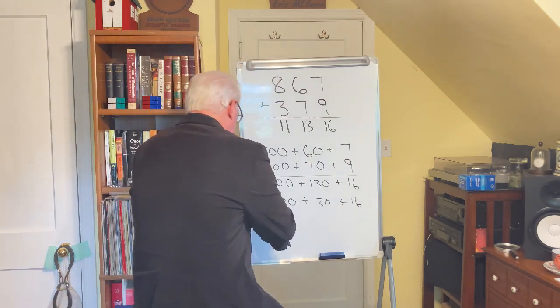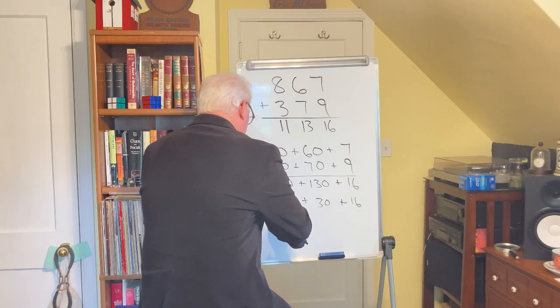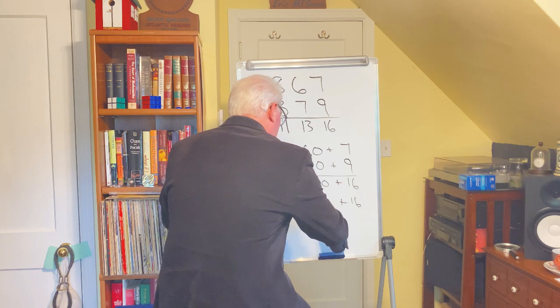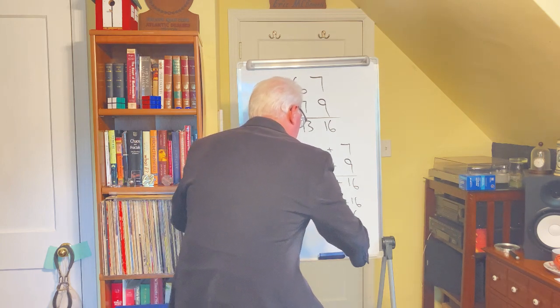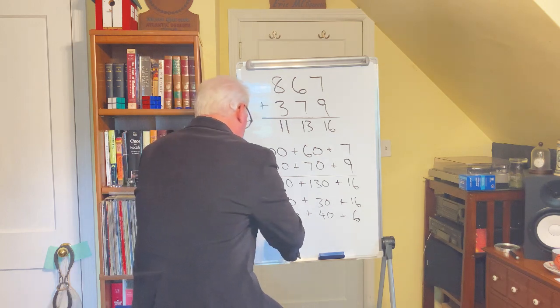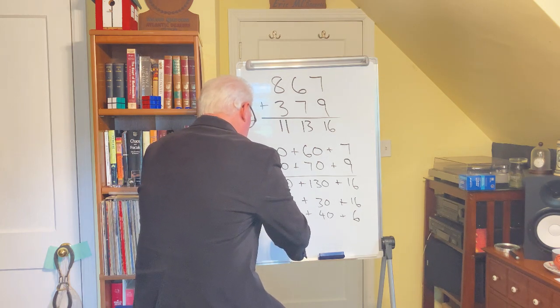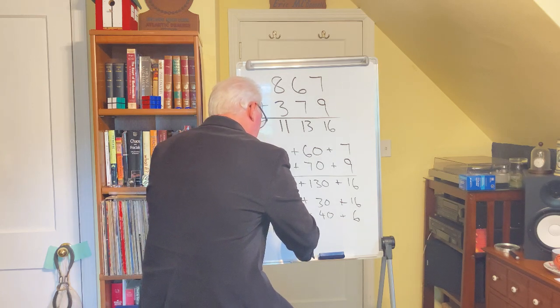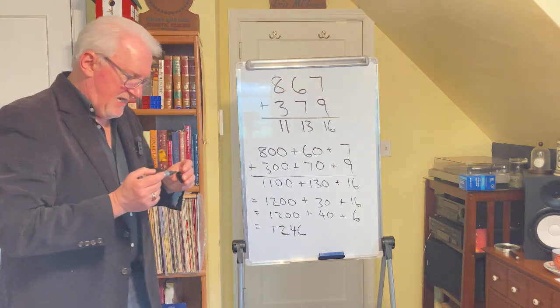So this is 1200 plus 40 plus 6 for a total of, let's see, what is that? 1246. That's the final answer.